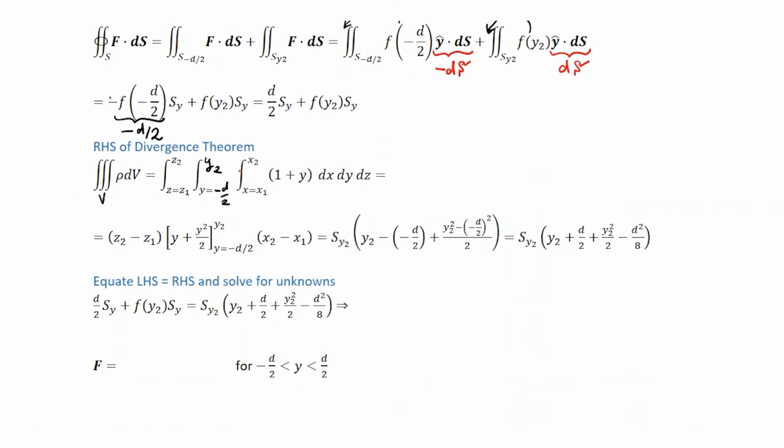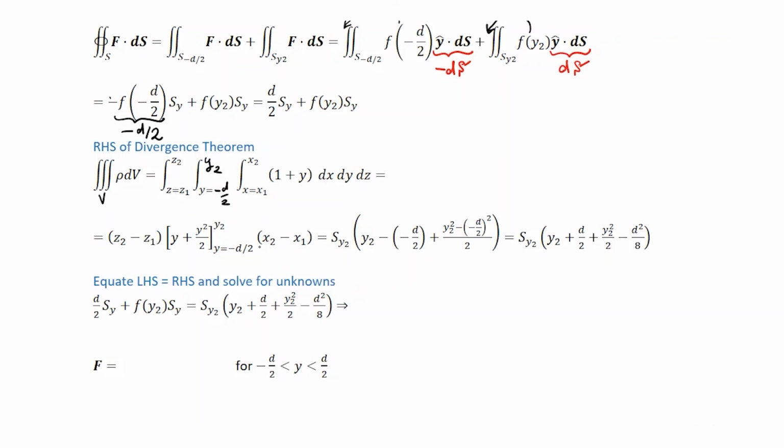Okay, now let's proceed with integration. The z integral will give us z2 minus z1. The x integral will give us x2 minus x1. The y integral will give us y plus y squared over 2, with bounds negative d over 2 to y2.